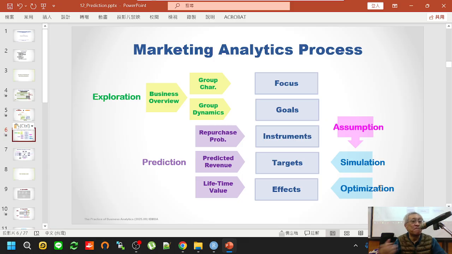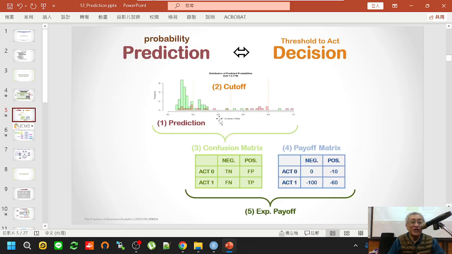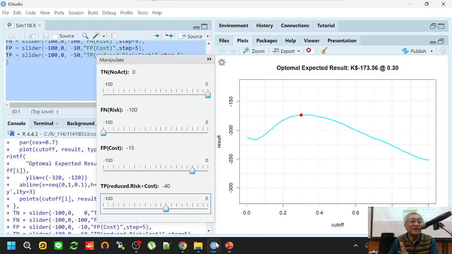Again, only the prediction, as I told you, is not enough to find the optimum solution. You always need to make some assumptions, as we do here. And the assumption must be reasonable.